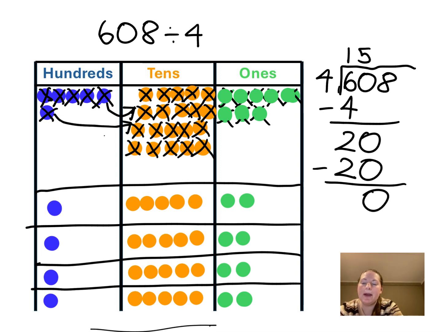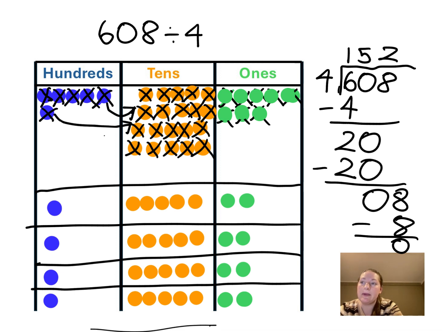All right, tell me about your ones. What did you do with your ones? All right, you distributed 2 to each group, which gives you a total of 8. And 8 minus your 8 ones is 0. Awesome. So what's the number up top here? That's right, 152.